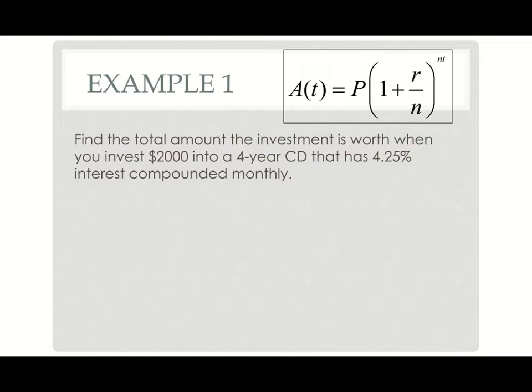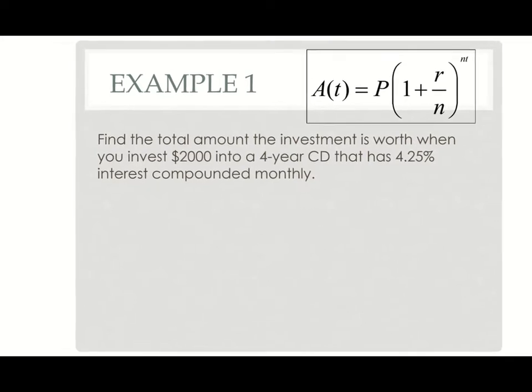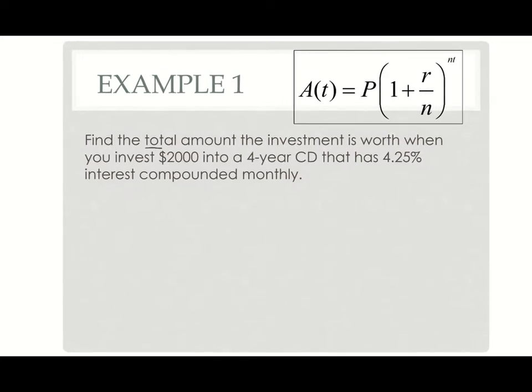So here we are looking for our total amount. So this is what we're trying to find. So that is going to be our variable. So our final amount after a certain amount of time is what we're solving for. Our principal, or our starting value, is going to be $2,000.